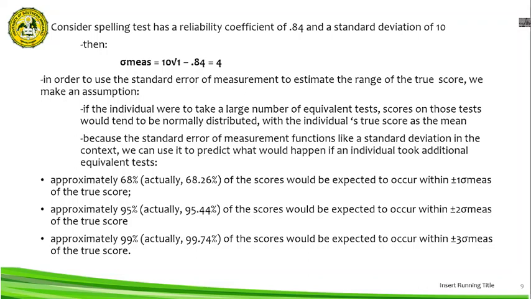Second, approximately 95%, actually 95.44%, of the scores would be expected to occur within plus or minus 2 standard errors of measurement of the true score. Third, approximately 99%, actually 99.74%, of the scores would be expected to occur within plus or minus 3 standard errors of measurement of the true score.